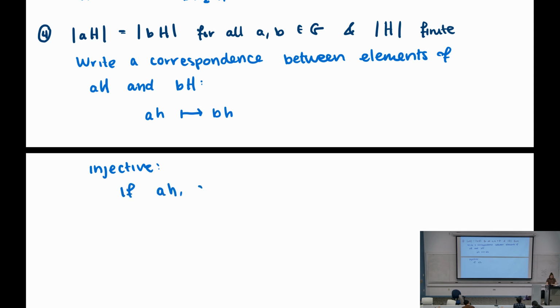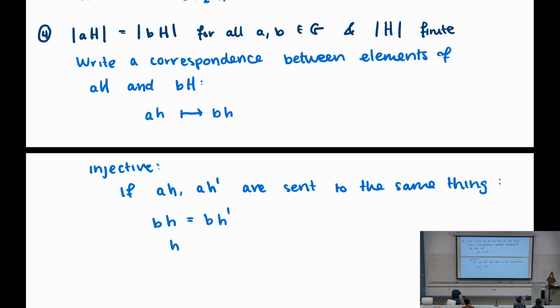So if ah and ah' are both sent to some element, so let's say they're sent to the same thing in bH, then that means that bh, which is the thing that ah is mapped to, is the same as whatever ah' is mapped to, which is bh'.